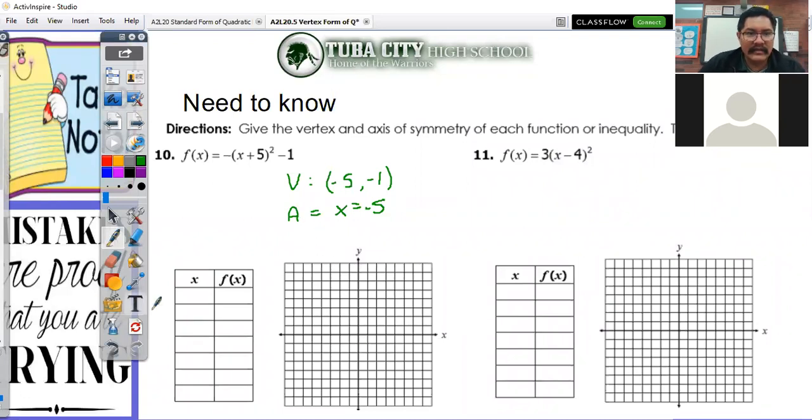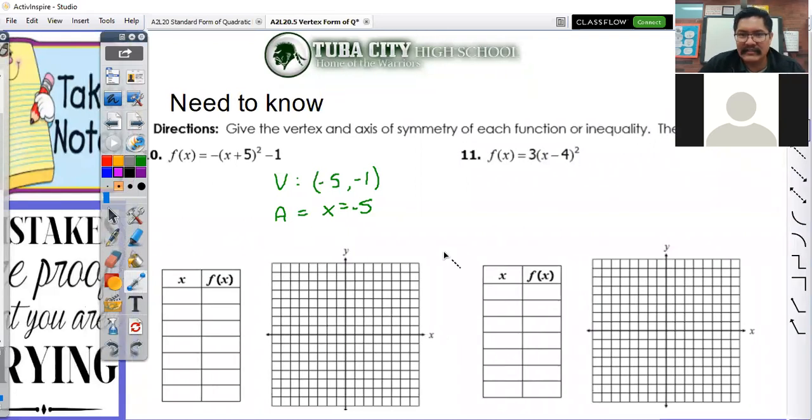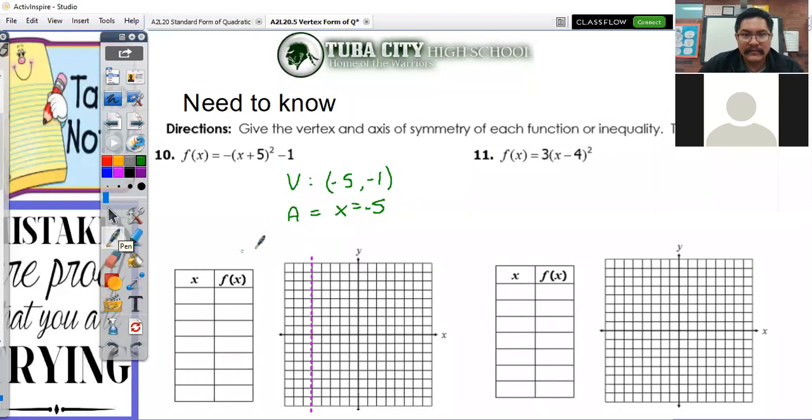All right, so let's go ahead and mark out the axis of symmetry of x equals -5. So here's the x-axis, there's -5. So our parabola is going to go through this spot here. And let's go ahead and mark out the vertex. So -5, -1.